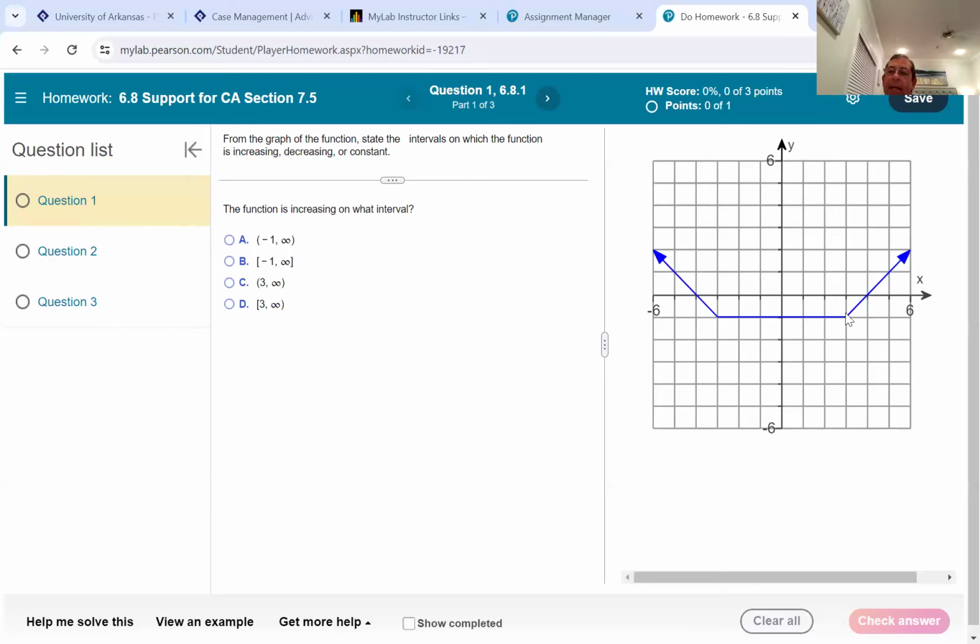What I need is that X value. Well, y'all, that looks like 1, 2, 3. Y'all with me? If I'm at 3 on the X value, that's where it starts going uphill. And as you cruise out to the right on the X's, it's going uphill. So it's going from 3 to infinity.